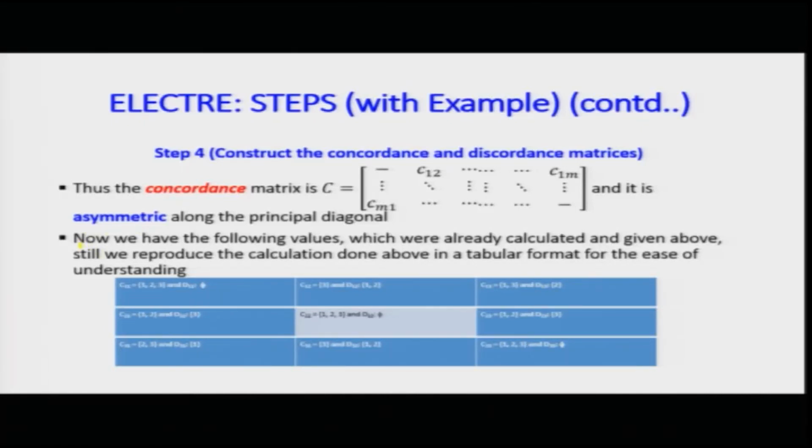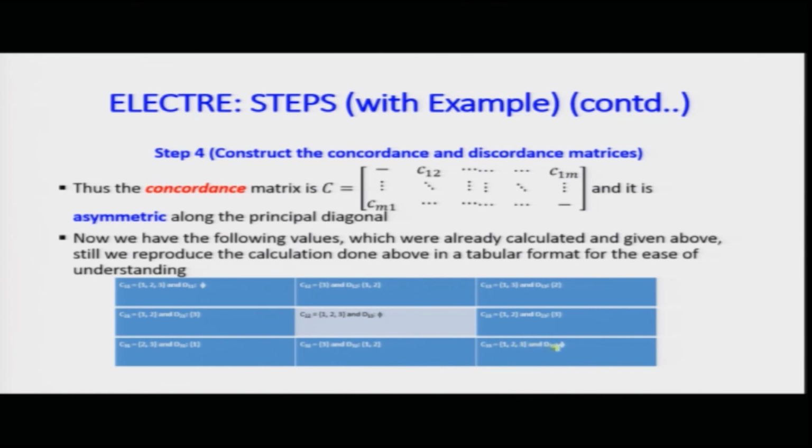Now, if I read the second bullet point, we have the following values which were already calculated and given above; we reproduce the same calculation in this matrix. If you remember, the first cell, which is 1 comma 1, will have all the C values as 1, 2, 3, and D is a null set. Similarly, in the second cell, all the values are in the C set and the D set is null.